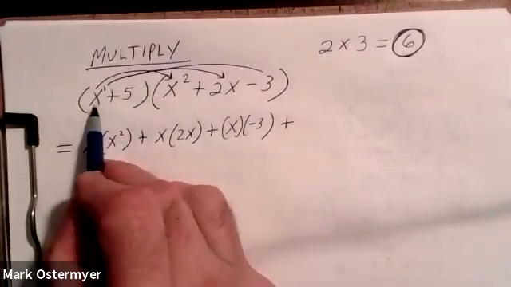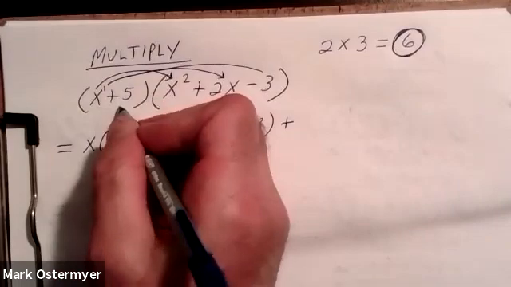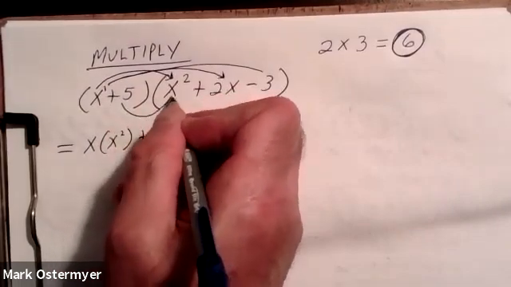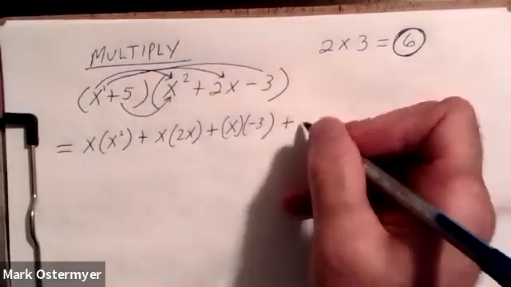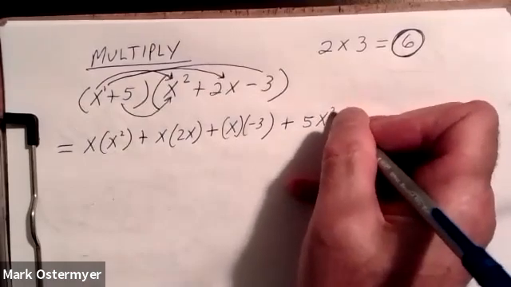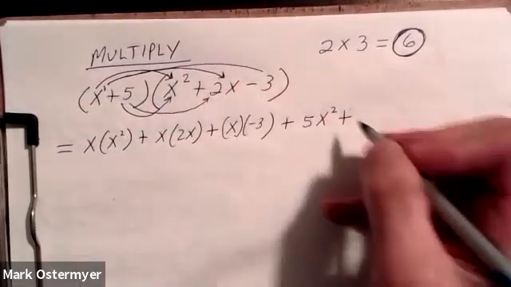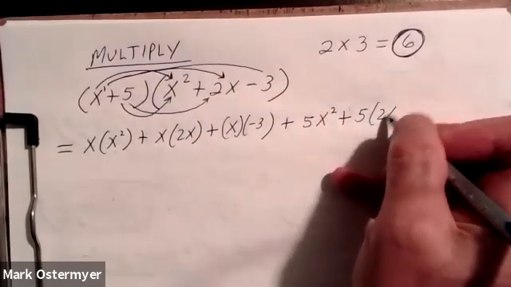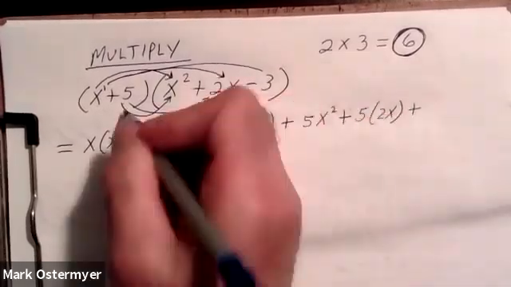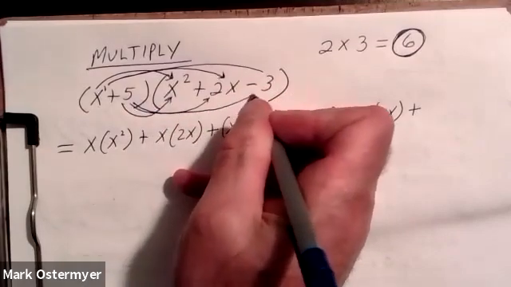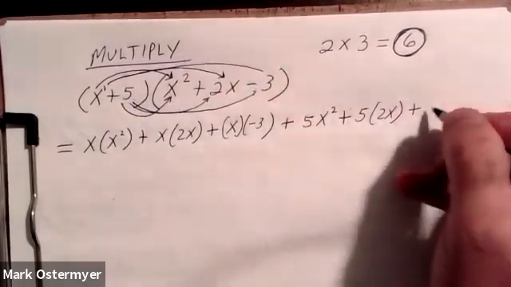We're good. Move over to the 5 now. Now the positive 5 gets multiplied by all 3 of these terms. 5 times x squared, plus 5 gets multiplied by 2x, plus 5 gets multiplied by the -3 way over here.